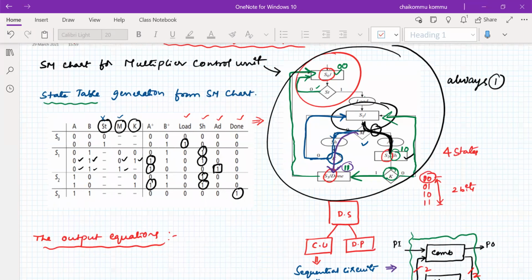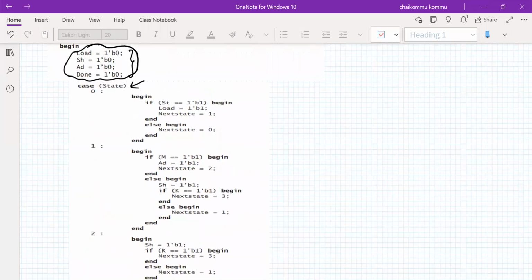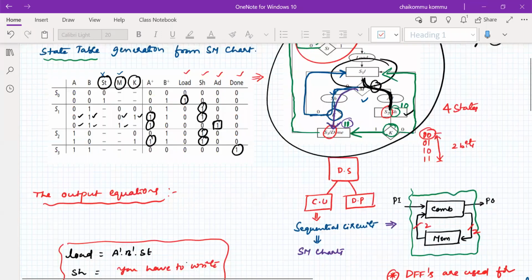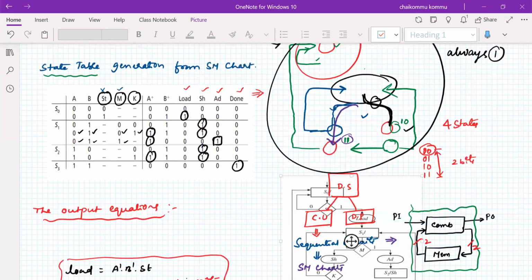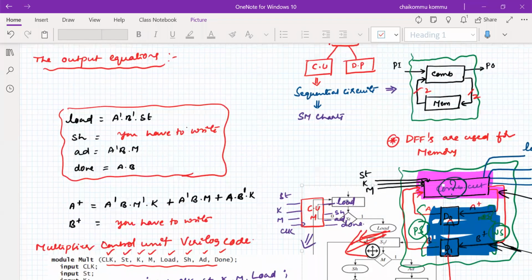Similarly here also, the SM chart is used to represent the combinational block. So this is meant for combinational information. Therefore, here we write the combinational block related information. That means I'm going to copy this one, exactly whatever the information is there, I'm using here.